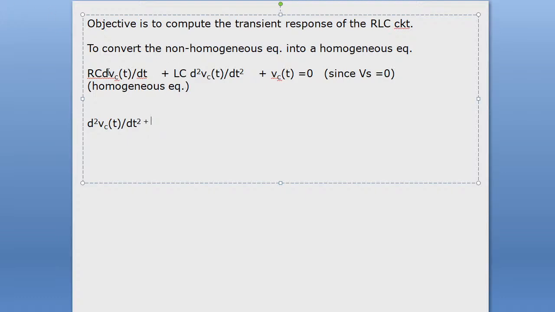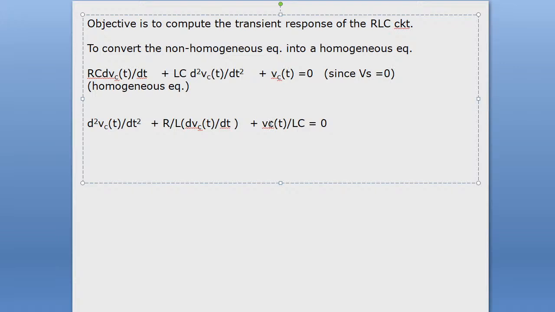So C will be cancelled out, and we will get R by L. Therefore we can write plus R by capital L, put it within the bracket, and then we will get 1 by LC, VC of t by LC equal to 0.